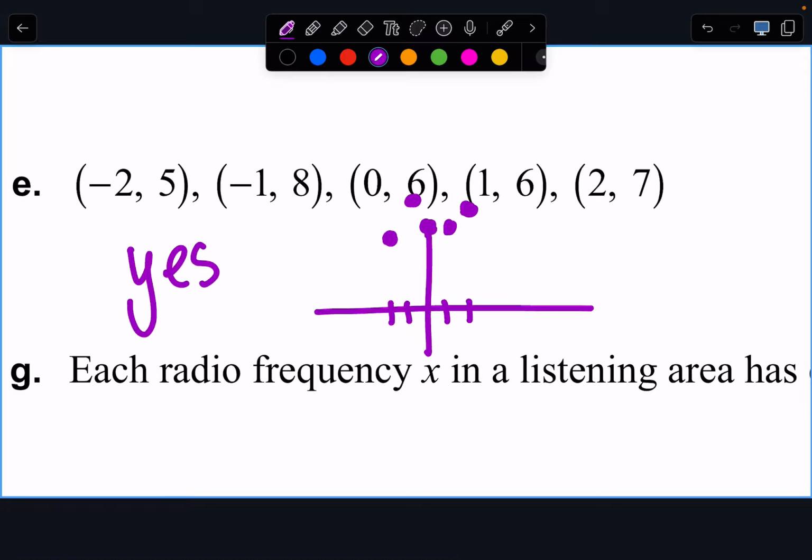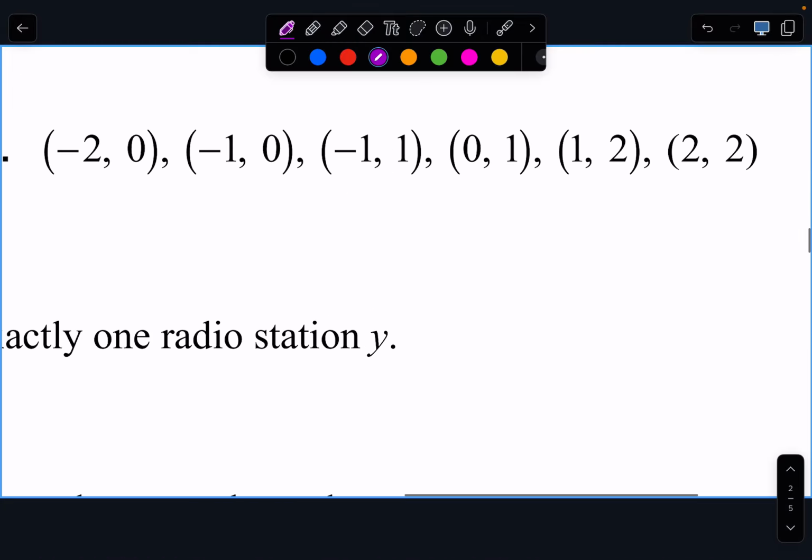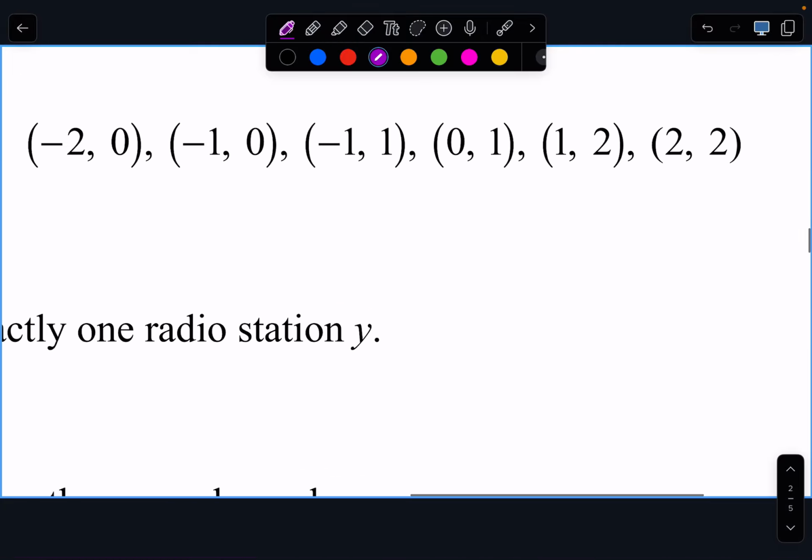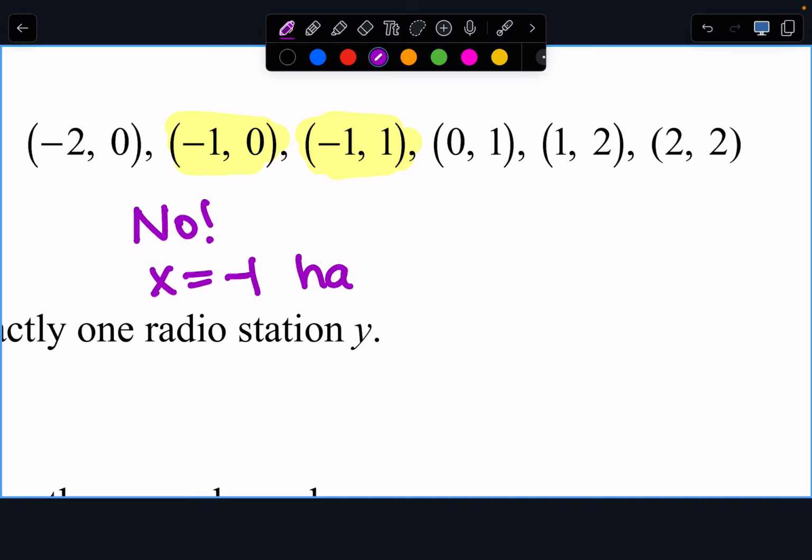How does that fail the vertical line test? Use your brain, Grady. Okay, failure. This is no, because -1 has 2 different outputs.